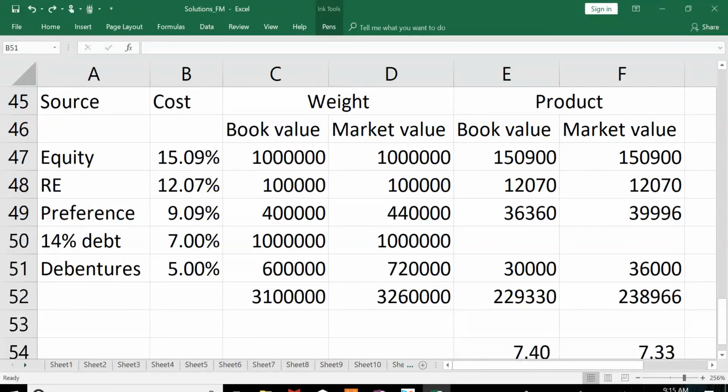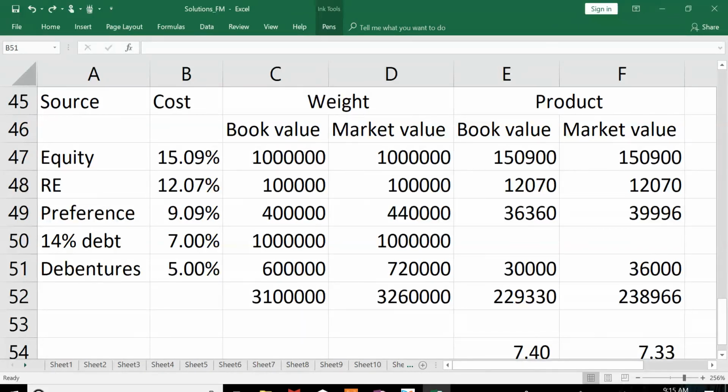Clear? So KE equal to D1 by P0 plus growth rate. If nothing was given, we would have copy pasted 15.09. D1 by P0 plus growth rate.